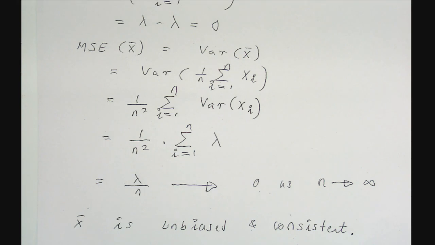X bar is not the same as x. It's a sample mean, it's different from x. So you cannot say that this is equal to lambda. You didn't catch it? Okay, I'll put it online later so you can see.